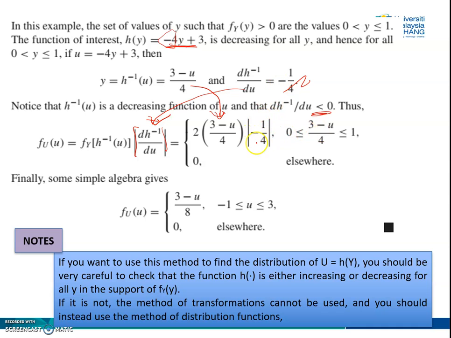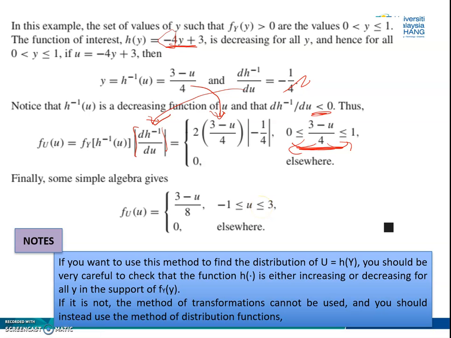Then you simplify this one, you will get 3 minus u over 8. And then similar for this one, in order for you to get the limit, you just bring it to the left and to the right. Finally, you will get u is between negative 1 and 3 and 0 elsewhere. Okay, so the step is similar.